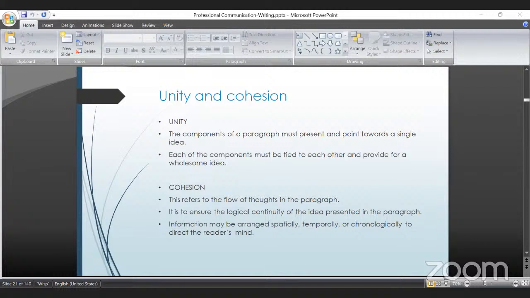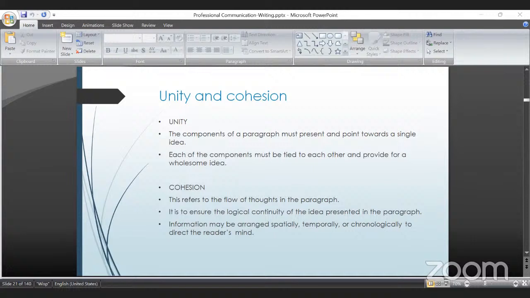For example, to show spatiality, you will have a different kind of signposting, a different set of transition devices. To show something in a temporal arrangement, which is time-related, you will have to use a different set of transition devices. Or if you want to express contrast to the idea that you have been talking about, then a different set of transition devices, right? So we use language to indicate those changes.